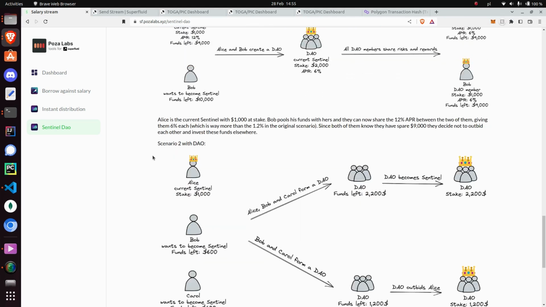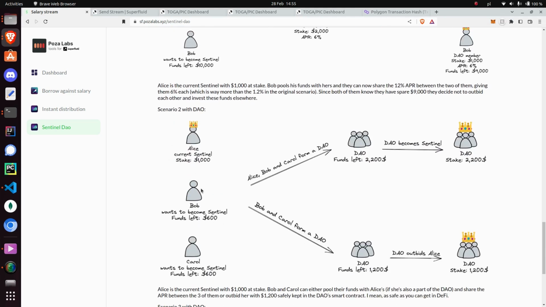Now let's go over to the next scenario. Let's say you have three people. One of them is the Sentinel right now, and two of them have just enough funds to outbid the current Sentinel. So we could have two scenarios here. All three of them would form a DAO, and they would share that APR accordingly. So we would have a DAO with $2,200.